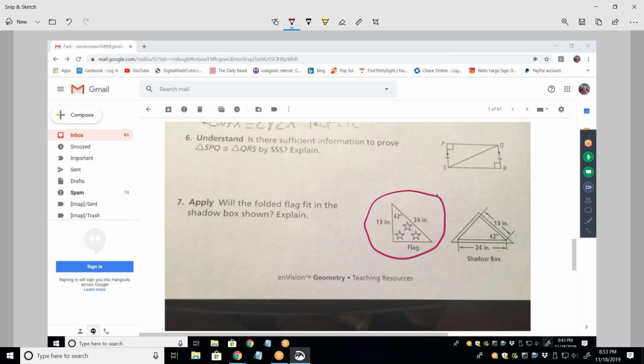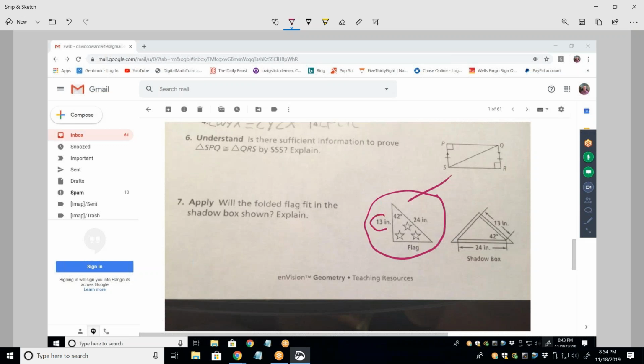Fold it further, and that didn't make any sense to me now that I think about it. In other words, this is already folded. And the question is will that fit into this other picture? And the answer is yes, because they are congruent. For my explanation, I put it's congruent by side-angle-side.